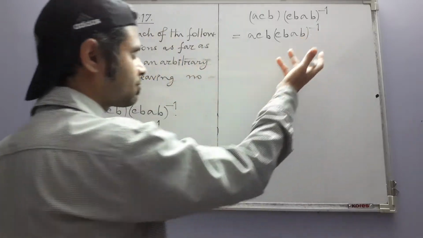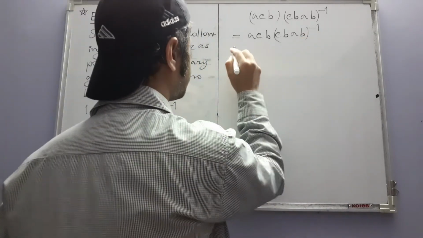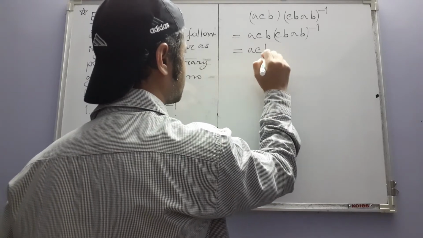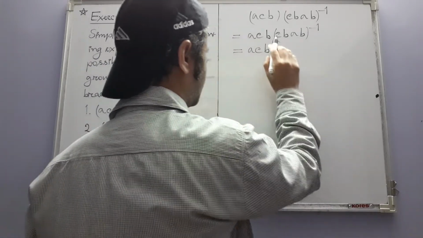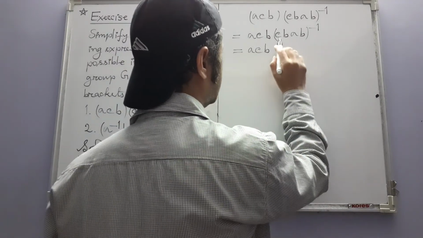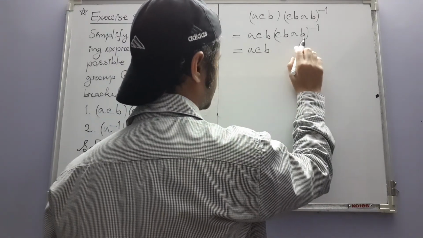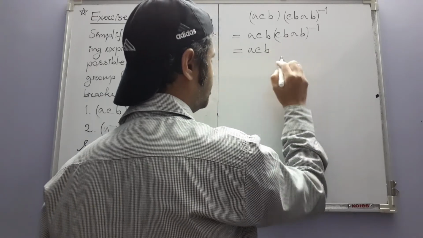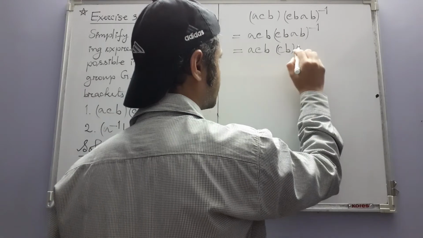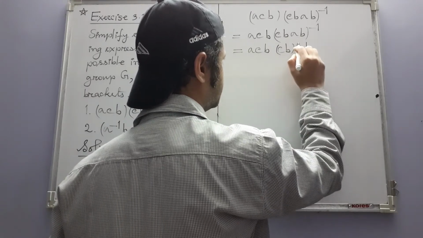Here, however, we of course need the brackets. Now, by that same associative law, this product inside, CBAB, can be thought of as the product of CB and AB.